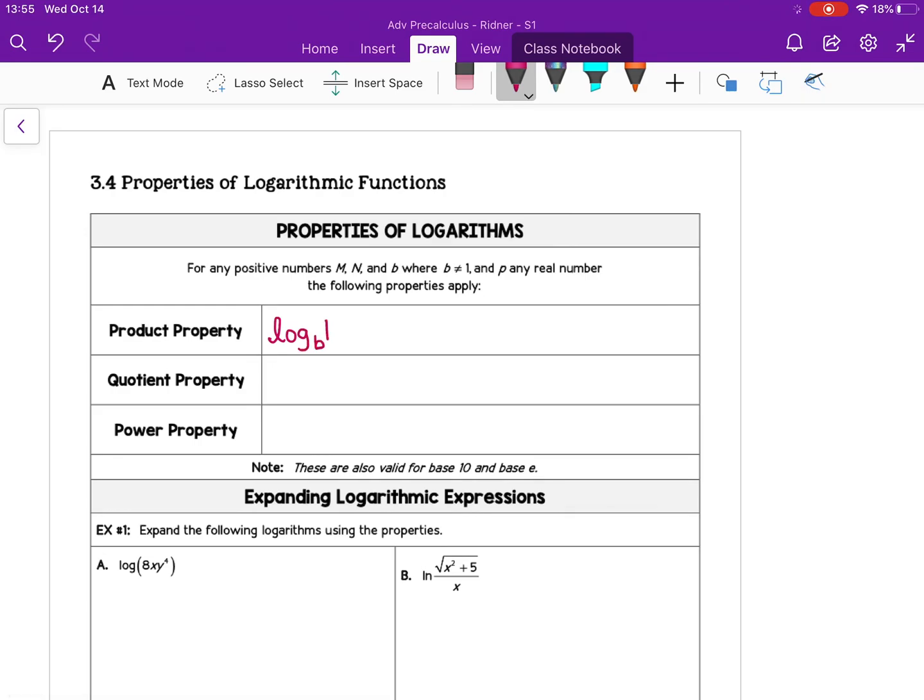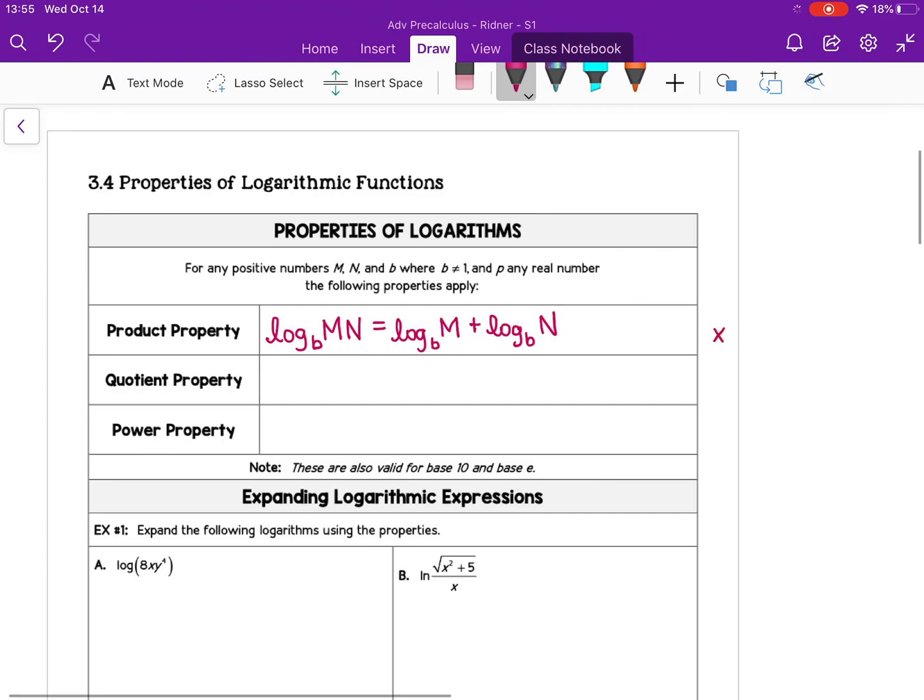So if I have some log where there are two terms being multiplied together, I can separate them and add them in between.